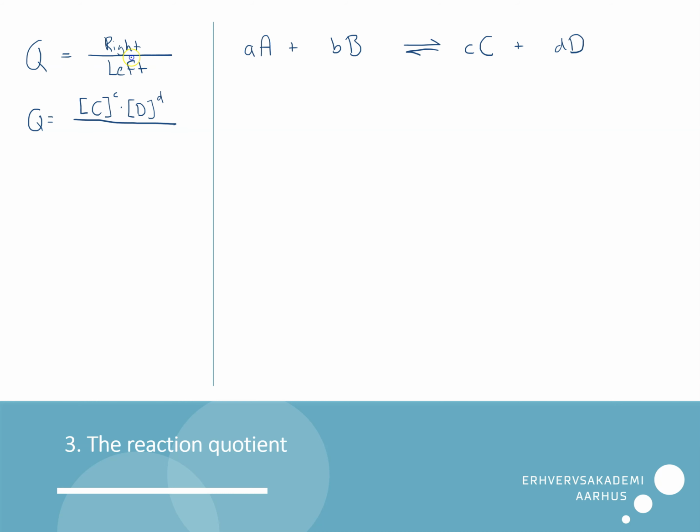Then in the denominator we have the left side, so concentration of A to the power of lowercase a multiplied by the concentration of B to the power of lowercase b.